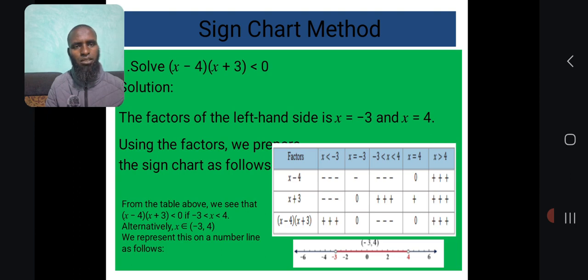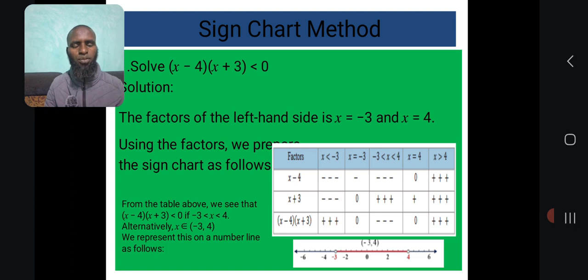What will be the inequality? Students, the inequality is less than 0. The inequality less than 0 means we will look at the product part, which is x minus 4 times x plus 3. See that row carefully. We have positive, 0, negative, 0, positive.